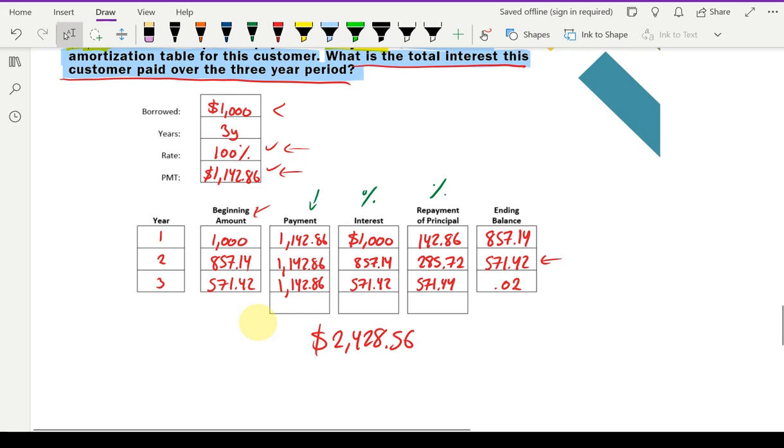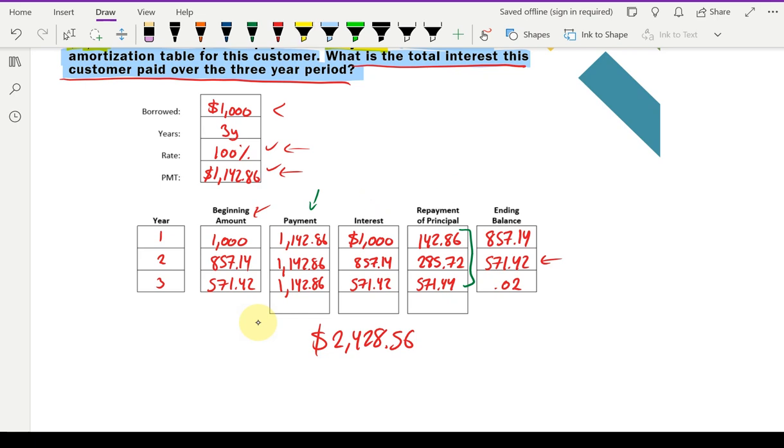It wouldn't make sense to ask what the total repayment of principal was because that's just what we borrowed. I like to ask this question: what percentage of interest was paid in the last year? Or what percentage of repayment of principal was paid in the last year? And of course, it's going to be of the payment, right?